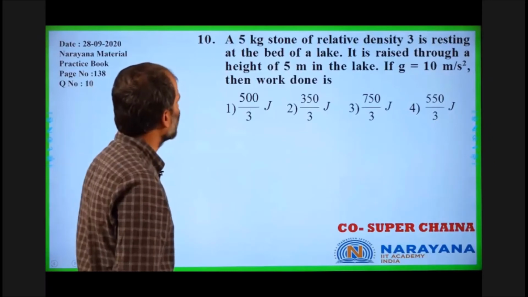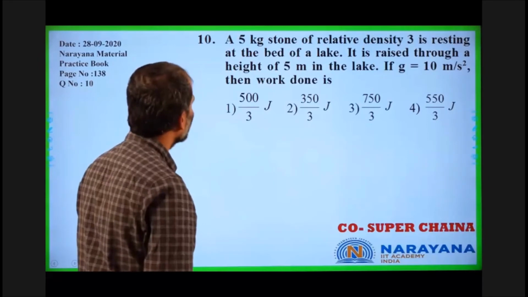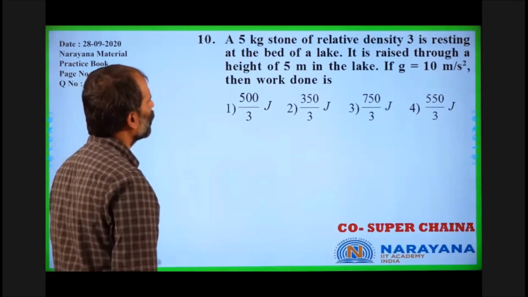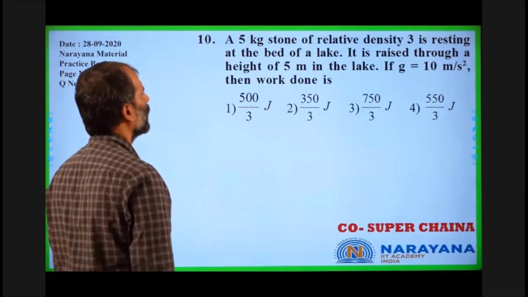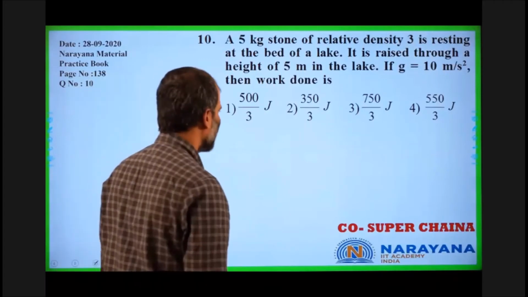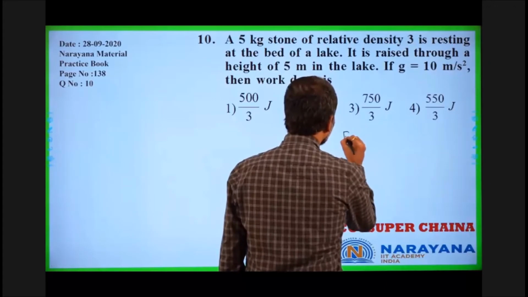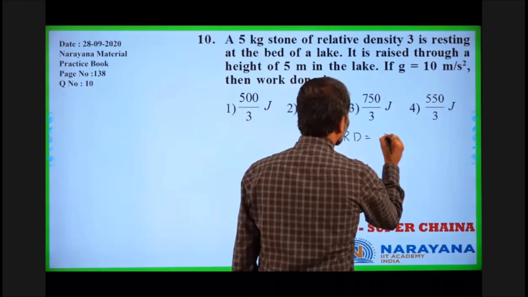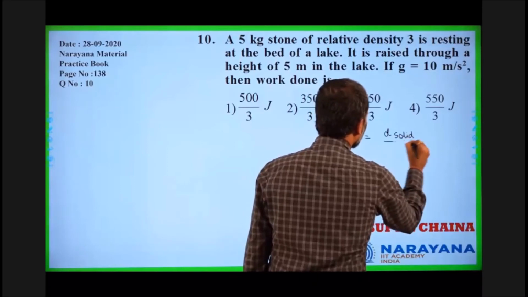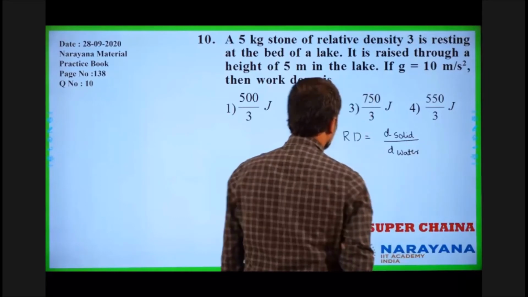In this problem it is given that a 5 kg stone of relative density 3 is resting at the bed of a lake. It is raised through a height of 5 meters in the lake. If g is equal to 10 meter per second square, work done is. See, now every one of you, we need to know that relative density is nothing but density of solid by density of water.